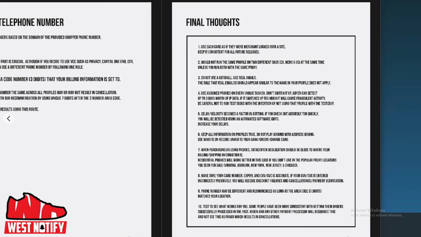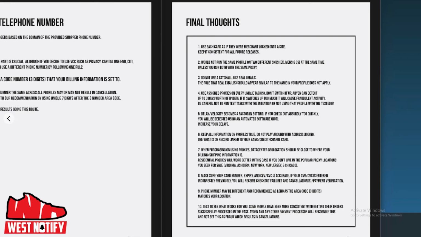And our last thought, test to see what works for you. Some people have been more consistent with getting their orders successfully processed in the past. Adyen and other payment processors will recognize this and not see it as fraud, which results in cancellations. So if you have a set of IPs and run a set amount of profiles using consistently the same information, I would try to keep it all the same.